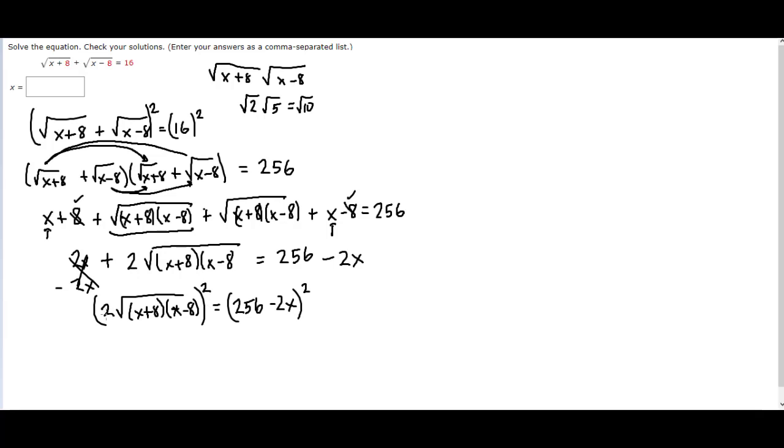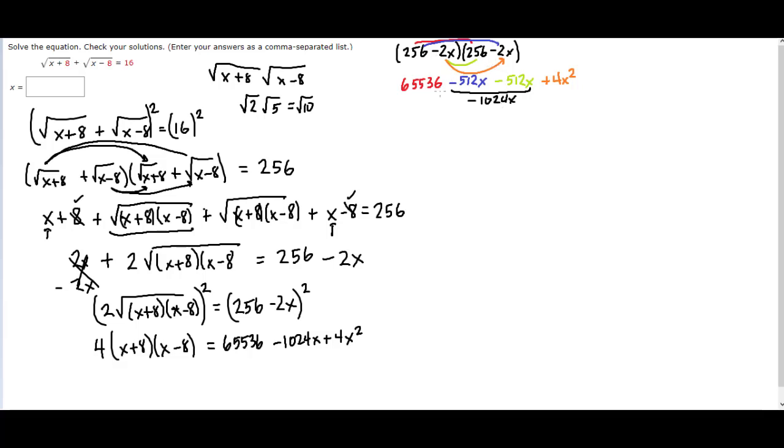This 2 is outside of the radical. So when you square that 2, it does become 4. But now when you square this square root, you just get the stuff on the inside. And then on the right hand side, when I square this, I'm going to use my shortcut method. And go ahead and write this out, but I'll write the steps up above for how to actually FOIL this out if you want to check yourself.